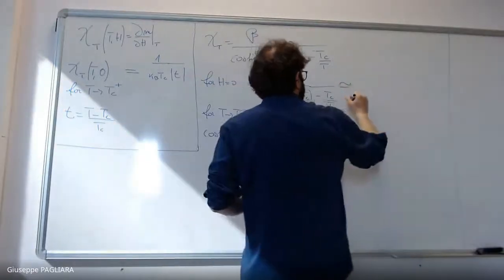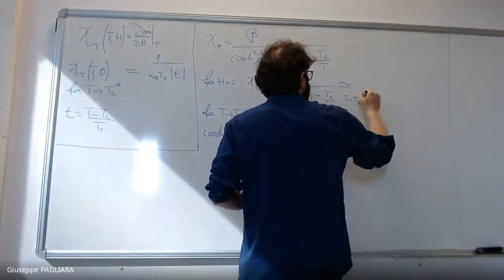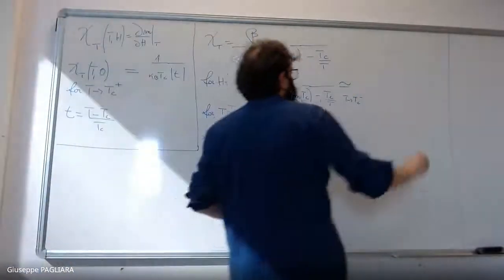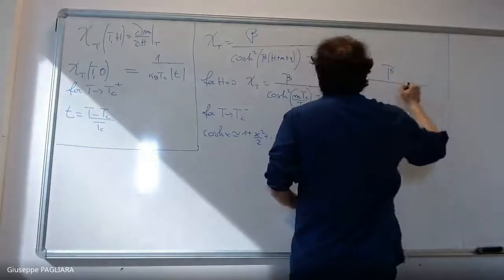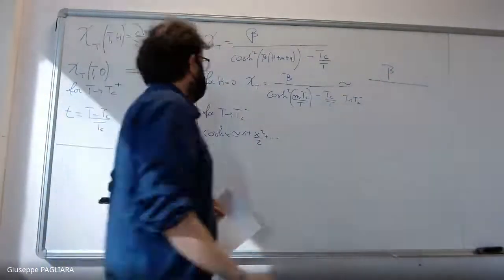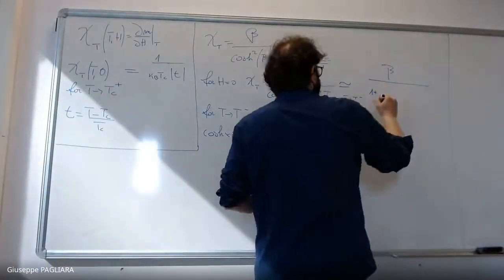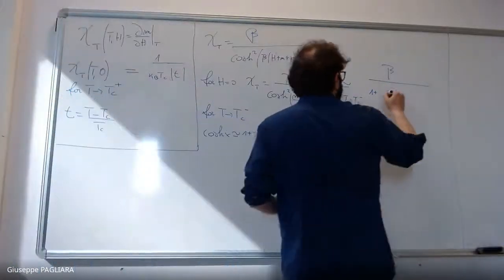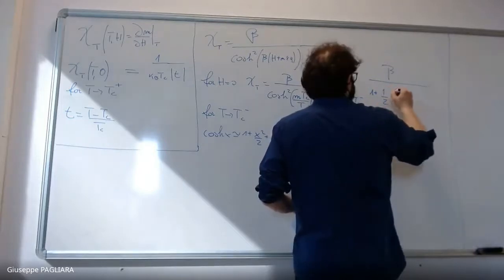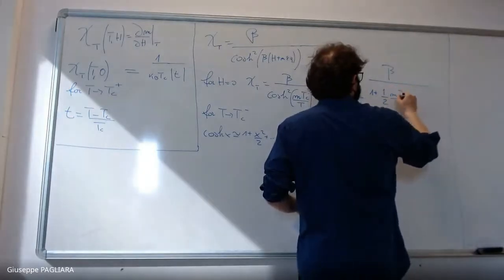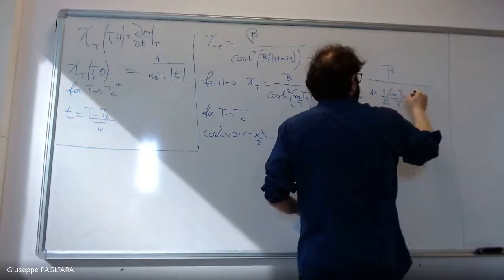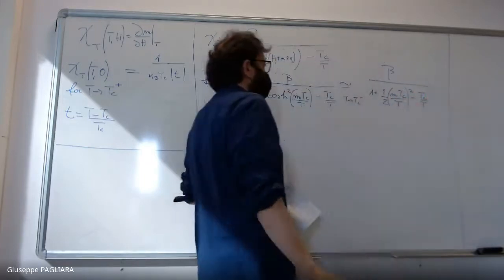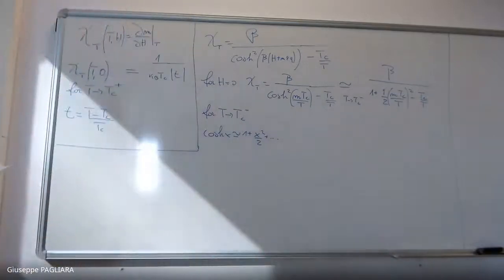and then this is equal, when T approaches Tc from below, to beta, and here at the denominator we have 1 plus, well, this one, so 1 half of m Tc divided by T, squared, minus Tc divided by T. Okay.